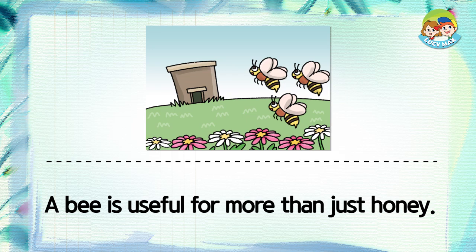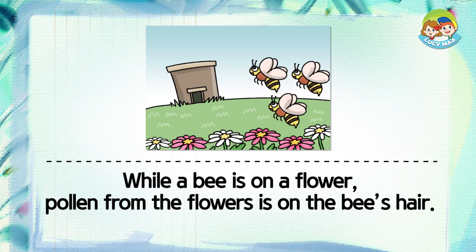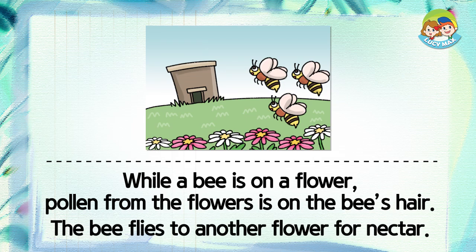A bee is useful for more than just honey. While a bee is on a flower, pollen from the flowers is on the bee's hair. The bee flies to another flower for nectar.